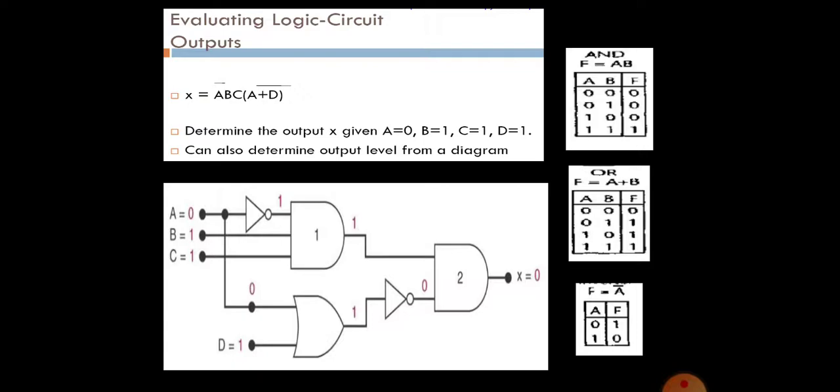We can also determine the output level from a diagram. So after making the diagram, it is easy to determine the output of A bar B into C whole multiplied with the A plus D the whole bar.